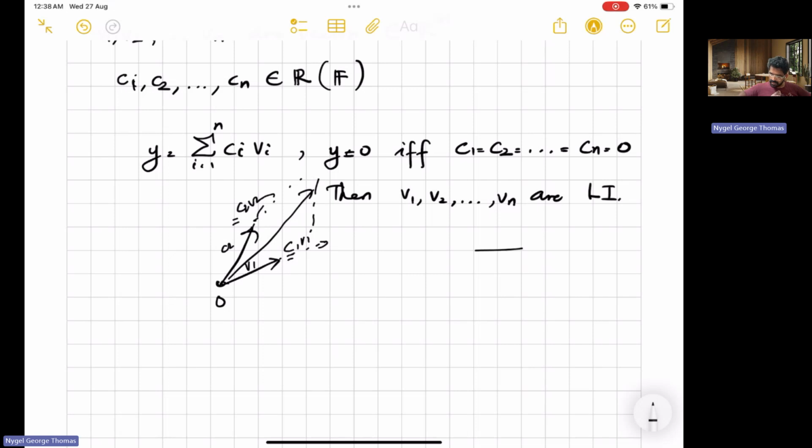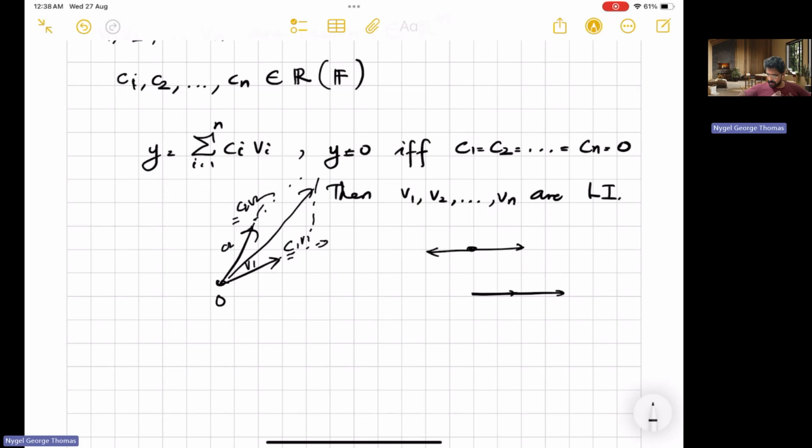But is there another way we can scale this up? For example, take two vectors which lie on the same line. Let's say v2 is equal to 2v1. How can you make the linear combination equal to 0?